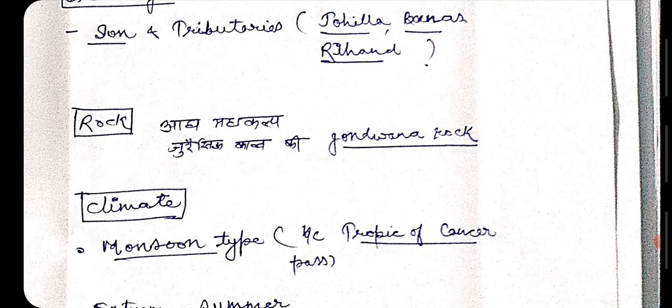This is very important. In Baghelkhand or Eastern Plateau, the rock type is Precambrian rocks and Gondwana rocks of Jurassic age.